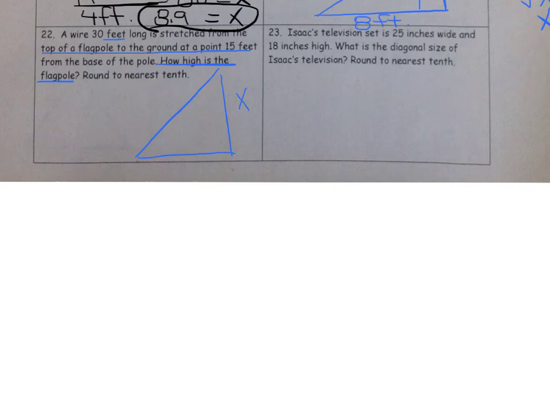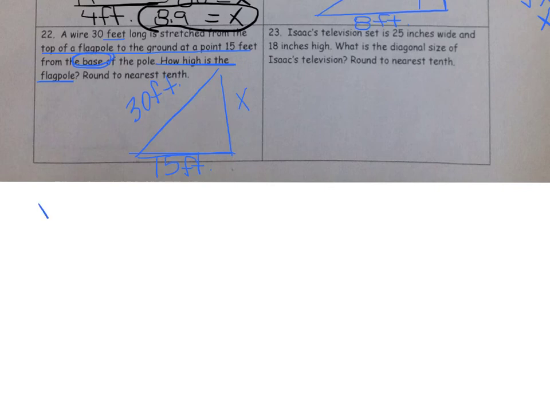Your variable is always what the question is asking. A 30 feet long wire is stretched from the top to the ground. So your hypotenuse is 30 feet. 15 feet because this word base tells you it's at the bottom. It's from the base of the pole.